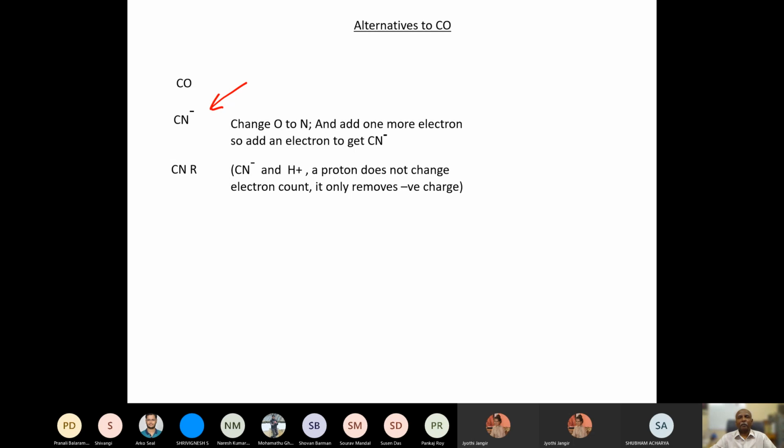That will place a large amount of negative charge on the metal. So in order to avoid that, you can change the CN minus to CNR. This is just capping the ligand with a proton, and that's what I've indicated here, capping the ligand with a proton. It removes the negative charge and leaves the electron count the same.